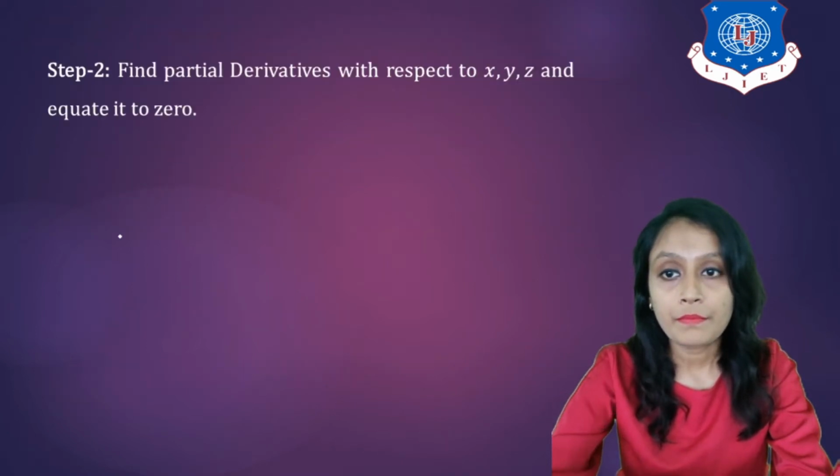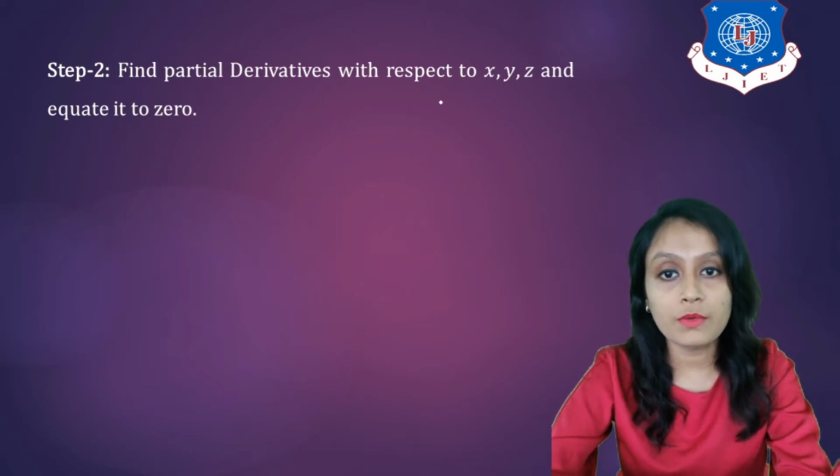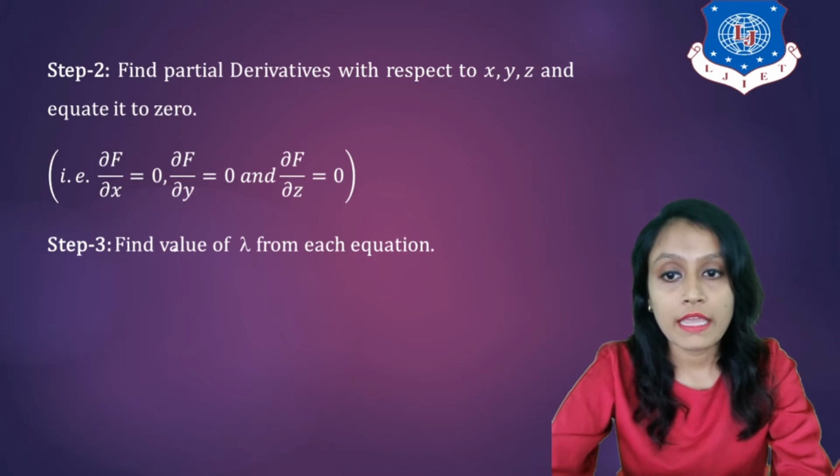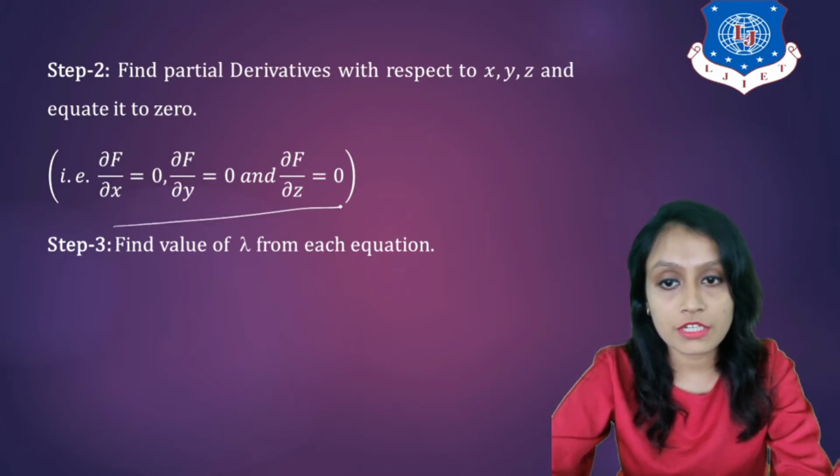Next, second step is to find the partial derivative with respect to x, y and z and equate it to 0. So on equating you will get del F by del x equal to 0, del F by del y equal to 0 and del F by del z equal to 0. Next we have to find the value of lambda from these three equations.